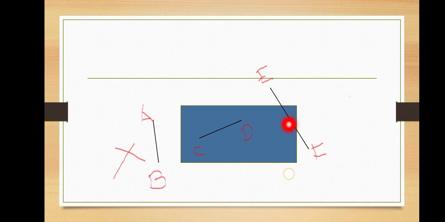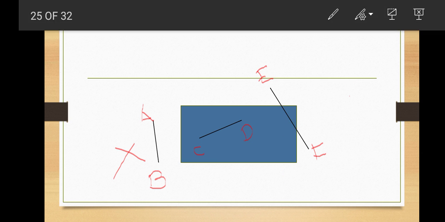So this much part is inside the window and this much part is outside the window. You have to remove this part and accept this part.